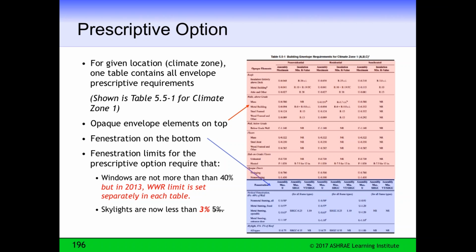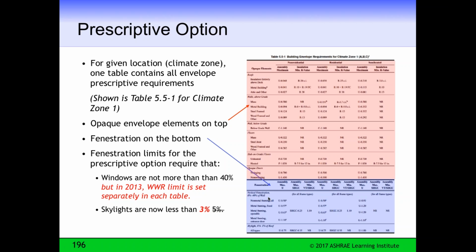The top 2/3 of the table are the requirements for the opaque envelope in pink, and the blue at the bottom is for the windows or fenestration and skylights. One important thing to look at is that your vertical fenestration is limited to 40% of the wall area or less, and the skylight area is limited to 3% of the roof area or less.